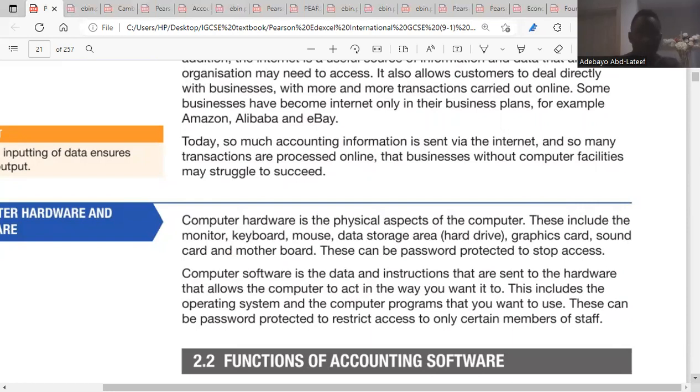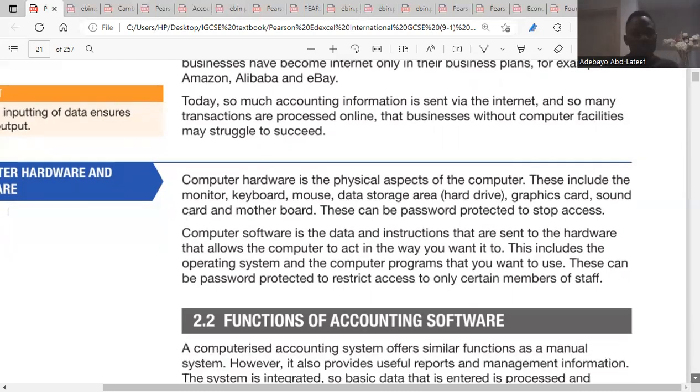The hardware carries out the function, but you have to input this data before the hardware can process it to do what you want. That's the difference between computer hardware and software. Without computer hardware and software, without internet accessibility, we cannot use technology in accounting. So to facilitate technology in accounting, we need internet accessibility, computer hardware and computer software. Any question about that? No.